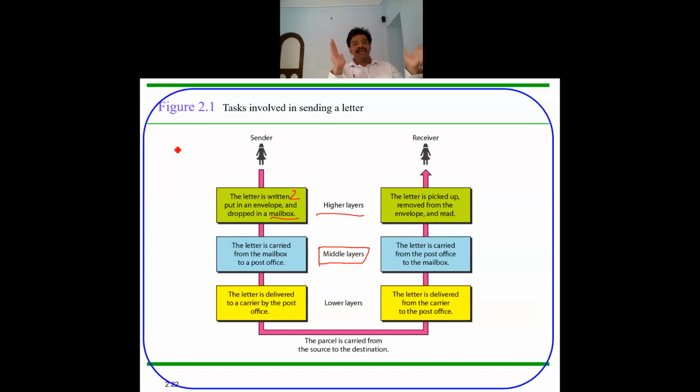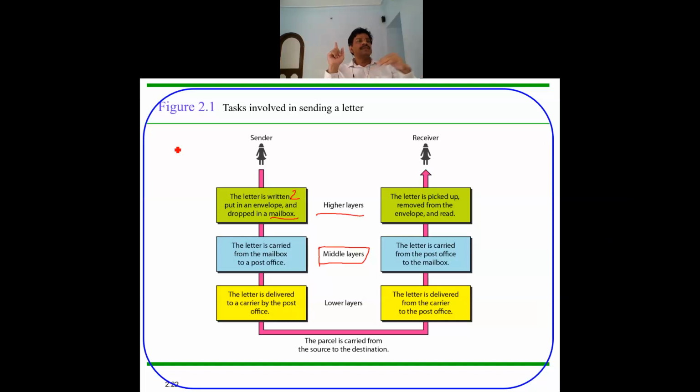The carrier transports the letter from the communication media to the post office, then to our destination post office, then that letter is sorted and carried from the post office to the mailbox of the receiver.